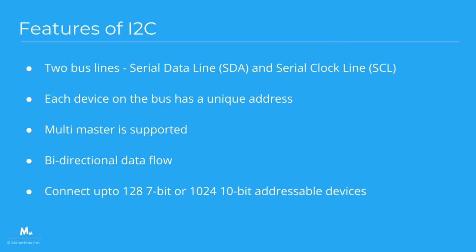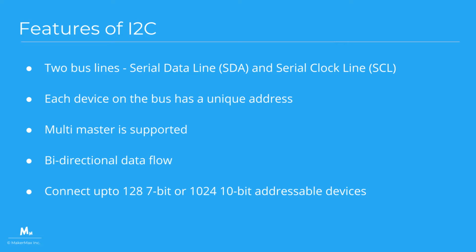In I2C, each device on the bus has a unique address that is hardwired into the device itself. Some devices allow you to write to a register to choose between a few addresses. This is useful if you intend to use multiple of these devices on the same I2C bus.